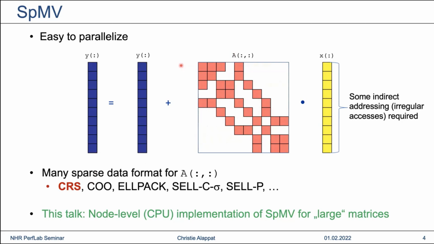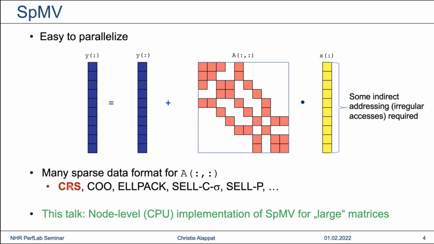So first we store all the non-zero entries of the first row, then the second row, and so on. And then there are many other data storage formats like coordinate format or ELLPACK, which are used for GPUs, or hybrid formats like SELL-C-sigma or SELLPACK, which can be used both for CPU and GPU. But this talk is not going to be about data storage format, and we will stick with a CPU-based implementation.